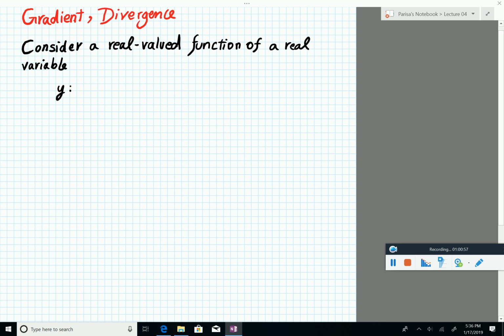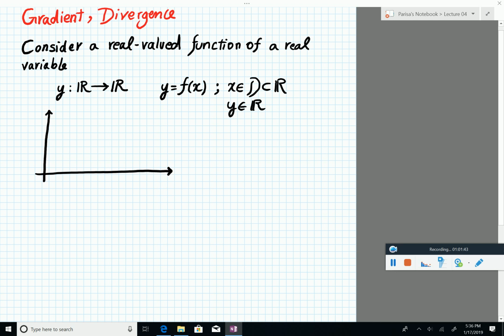I even use the symbols that you probably have used in calculus years ago, talking about functions. x, D is a subset of R, and y is also real valued, so y also belongs to R. The representation of this function, as you all are familiar with, you just plot y in terms of x, and it's a function.